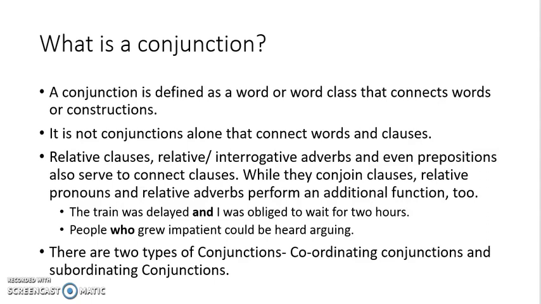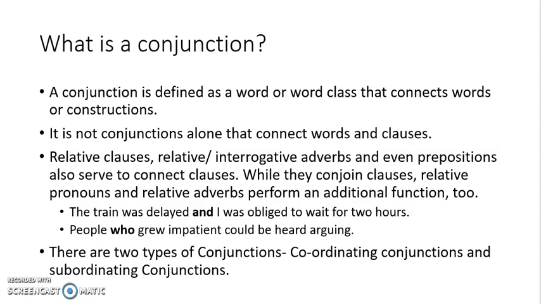But look into the second example: people who grew impatient could be heard arguing. Here who is functioning as a relative pronoun, and that is a relative clause as well. So a relative pronoun is not a conjunction.